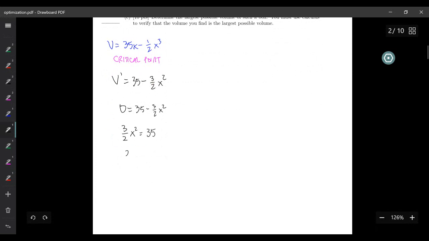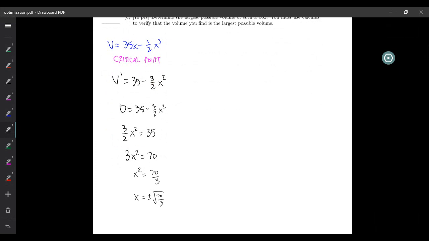Okay, I'm going to multiply by 2, divide by 3, and then take the square root.